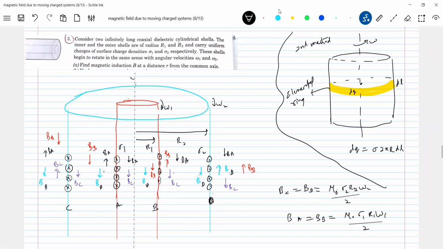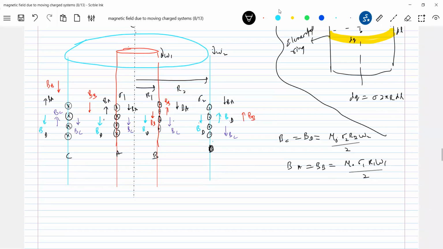Now, what about the field at distance R from the common axis? For R less than capital R1, R less than R2. So first we'll go for R less than R1. What about the resultant field? Shall I say all will get added up?